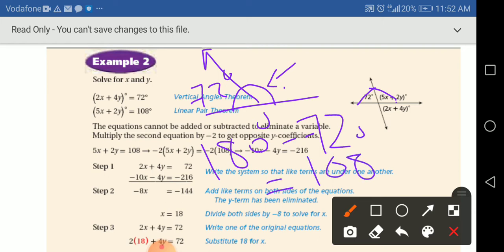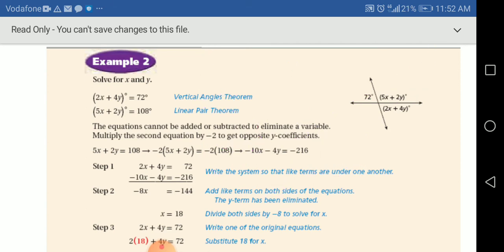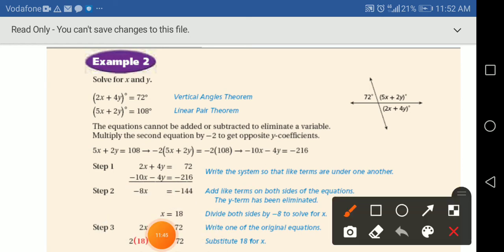So 5x plus 2y equals 108. So I have two expressions: 2x plus 4y equals 72, and the other one 5x plus 2y equals 108.